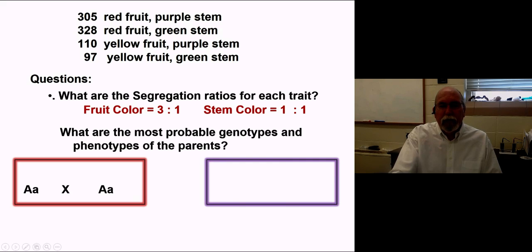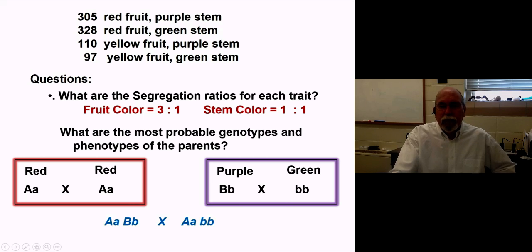One of them has to be a het times het, and both of those turned out to be red. The other one has to be a het times a homozygote, and that turned out to be a purple times a green, which means we must have had one parent be a dihybrid het, big A, little a, big B, little b. The other one must have been a dihybrid, but it's heterozygous at one locus and homozygous at the second locus.